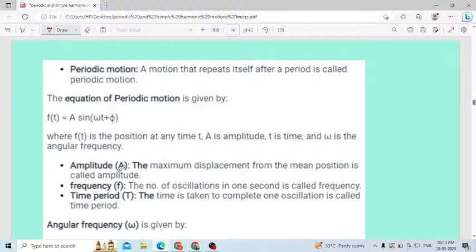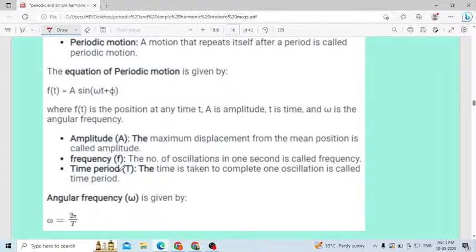Then what is meant by amplitude? Amplitude is the maximum displacement from the mean position. When you consider a wave like this, the maximum displacement of the wave is the amplitude. Then frequency: the number of oscillations in 1 second, oscillations per second, is frequency.